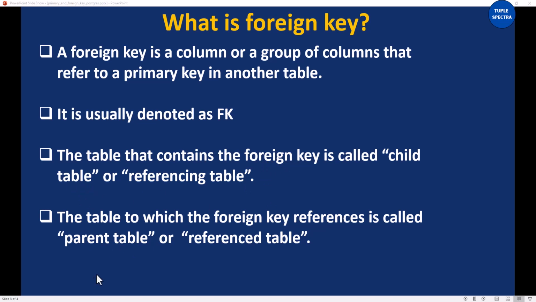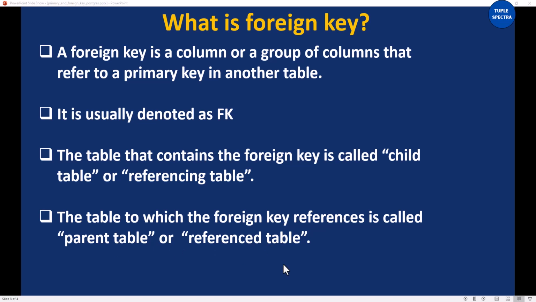So that means you have a parent-child relationship right here. Okay, take a look at what we wrote. The table that contains the foreign key is called the child table or referencing table, while the table to which the foreign key references is called the parent table or referenced table. So take note here, guys.